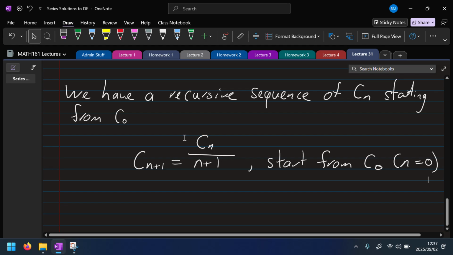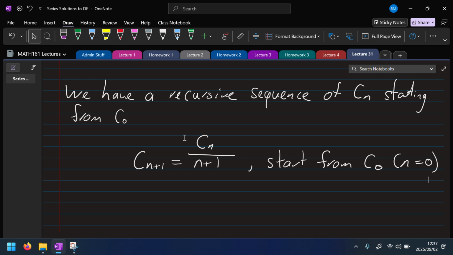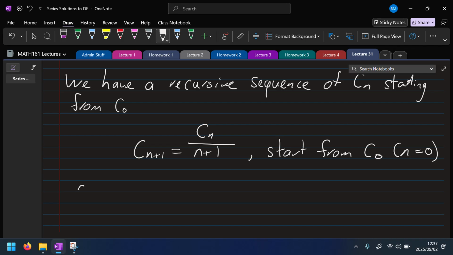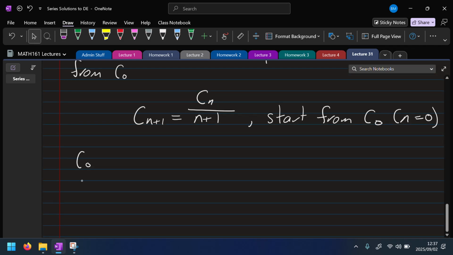Okay, so let's write out a few terms, and then we try to find a pattern. Okay, so C0 is just C0. That's our starting point. What about C1? There we put in n equals 0 on that left-hand side. So we're going to have C0 over 1. Okay, what about C2?